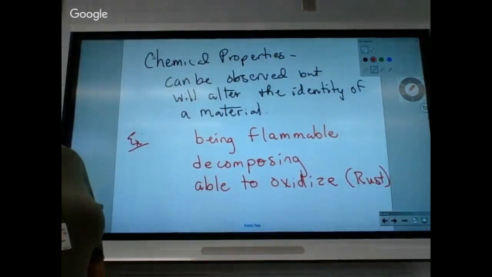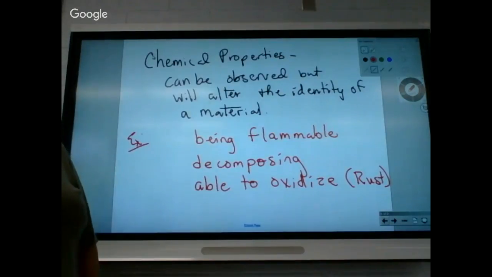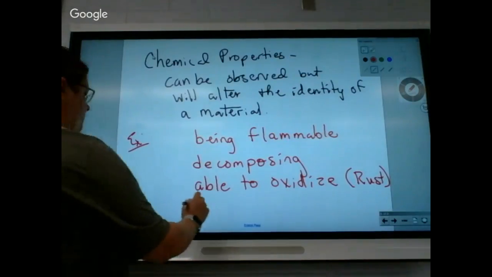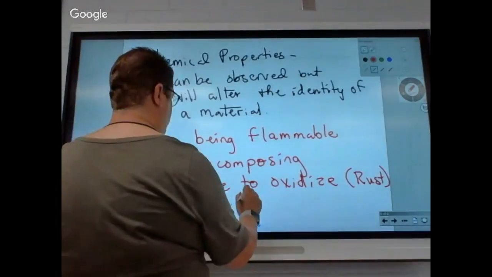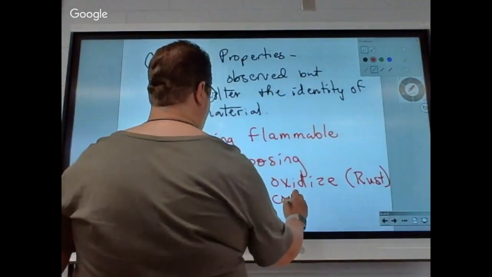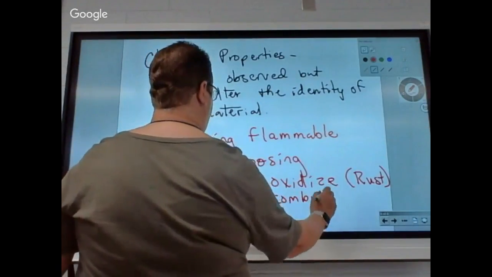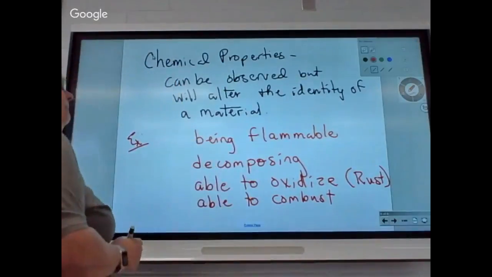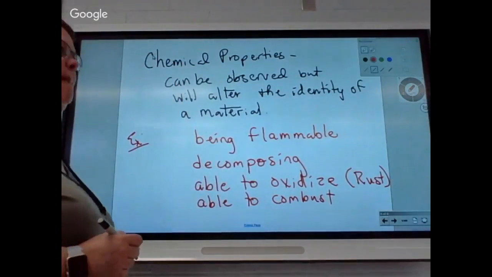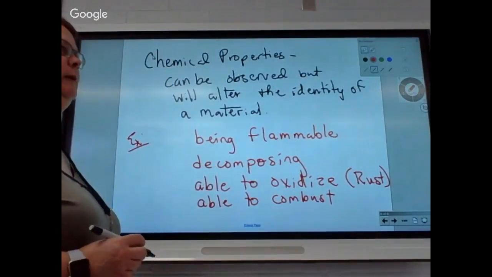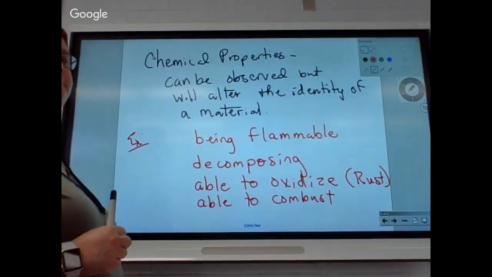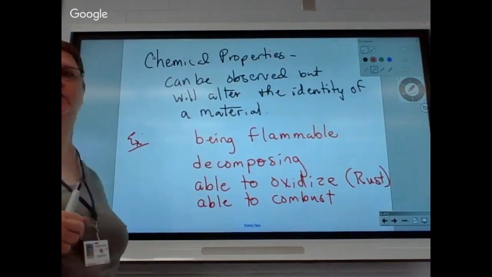Let's see, what else do I want to put up there? Able to combust. Like blow up entirely or just break apart? Combust would be to explode.